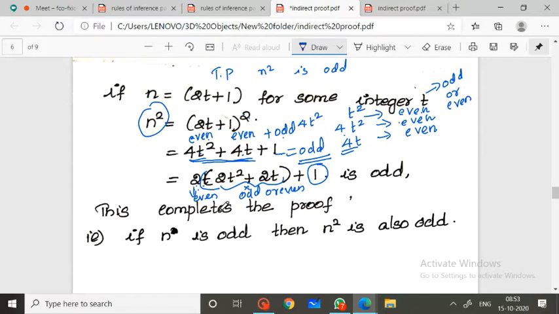That means we are getting that if n is odd, then n square is odd. Therefore we have taken the contradiction.